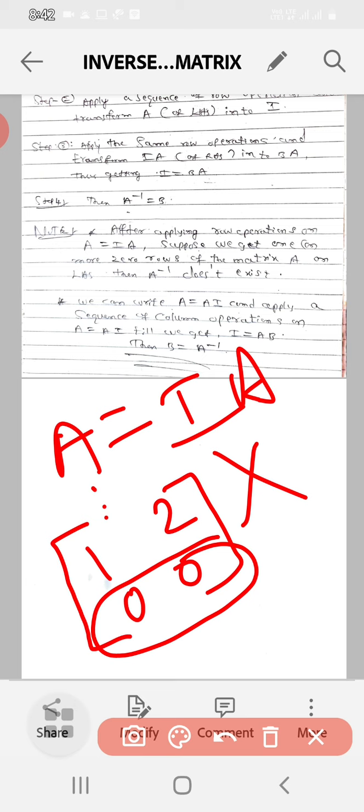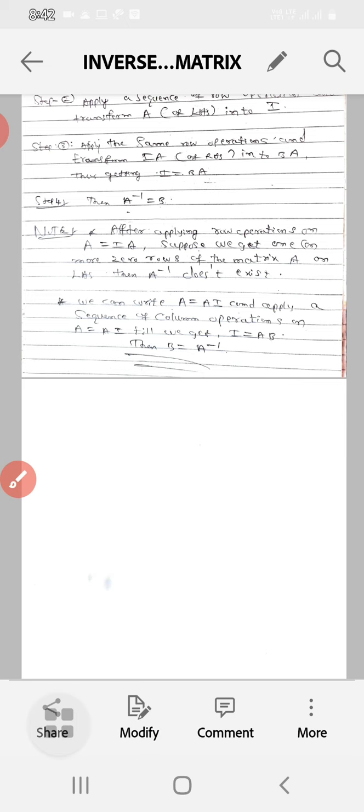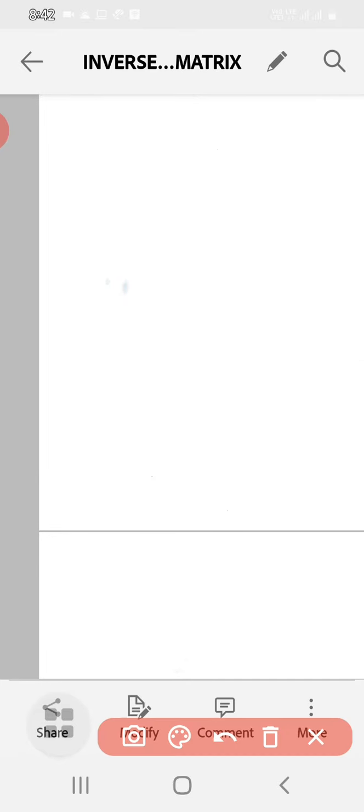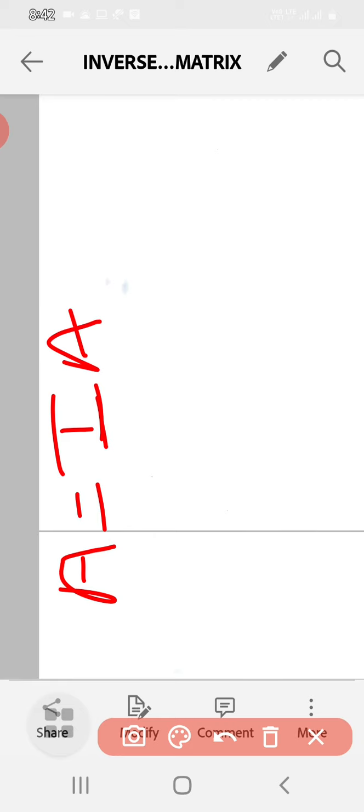It is not the rule that inverse must exist here. Inverse may exist or may not exist. So when will inverse not exist? If the elements in any row are 0, then inverse does not exist. So how to find the inverse of the given matrix here? First write the given matrix as I into A. I should come in the first place because we apply row operations.